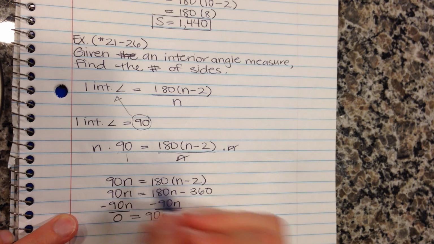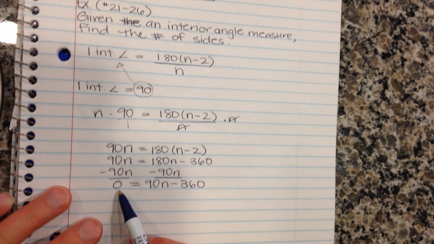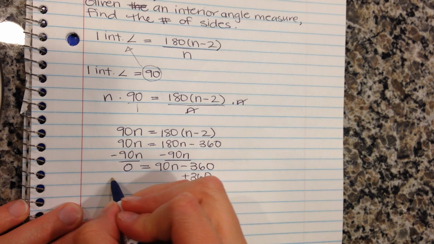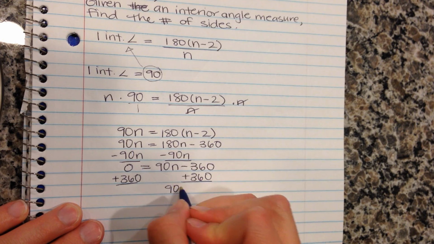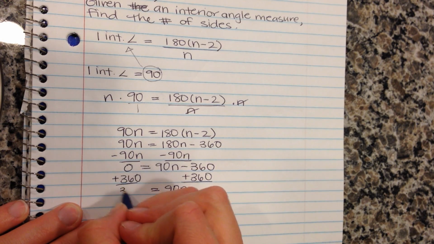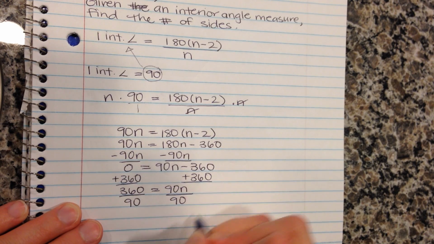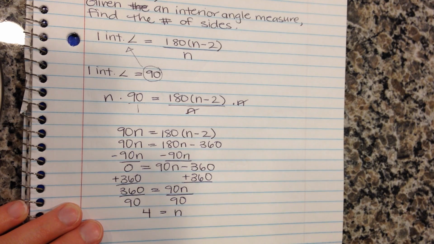You might have added or subtracted 180 from both sides. Sometimes it's nice to not have the 0 on that side, but I just did it this way because it's what I felt like doing. Sometimes I do it the other way, it doesn't matter. Now I'm dividing by 90 and n is equal to 4.